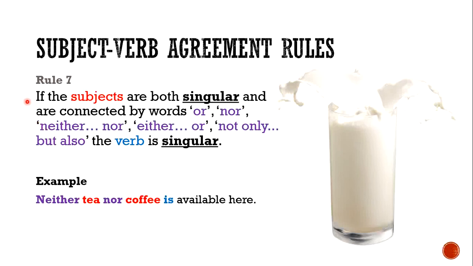This one says that if the subjects are both singular and are connected by words like or, nor, neither nor, either or, not only but also, etc., the verb is singular.